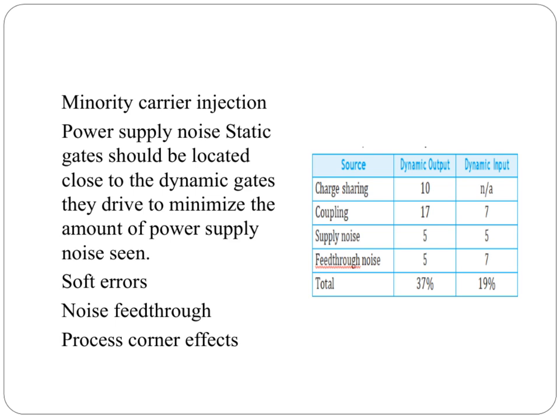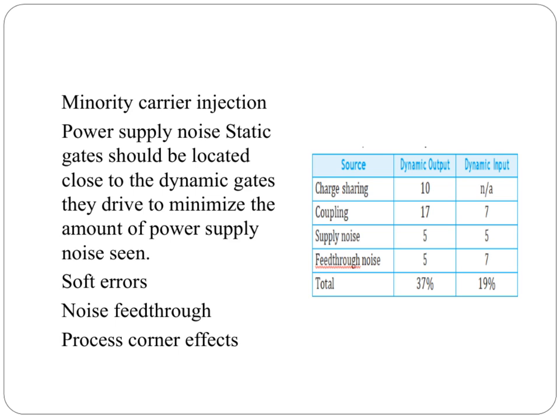Next, we have soft errors, which are random, non-destructive faults often caused by external radiation or electrical noise. Understanding and mitigating these errors is important for system stability. Noise feed-through is another consideration. It occurs when unwanted signals couple into sensitive parts of the circuit, potentially causing incorrect behavior.